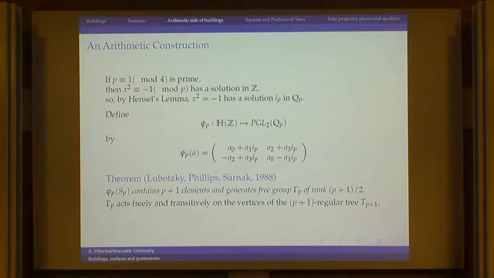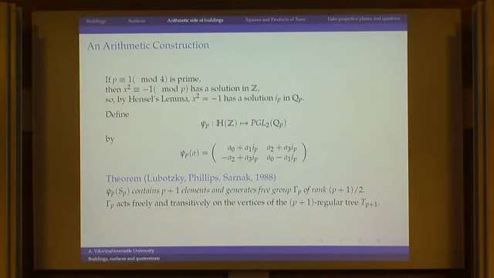This is also elementary arithmetic. We know that if minus 1 is a square modulo p, that is, it has a solution in Z, then by Hensel's lifting lemma, we know that there is a solution in Q_p as well.